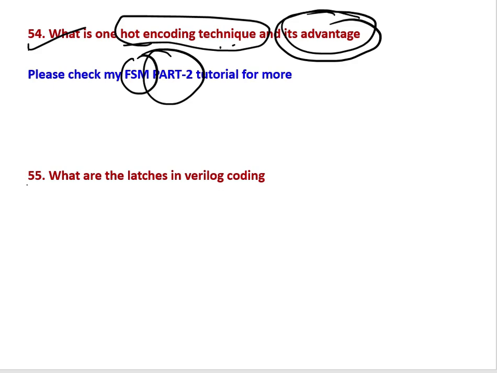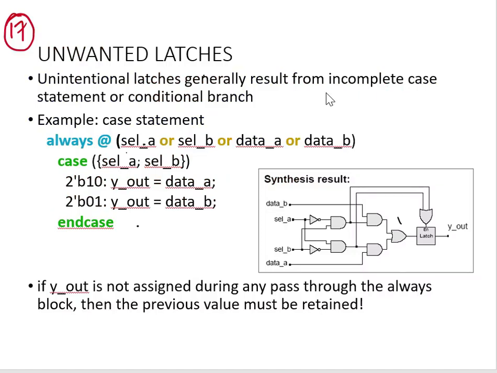The next one is what are the latches in Verilog coding. Next one is what is unwanted latch. Unwanted latch in Verilog design results from an incomplete case statement or conditional branch.